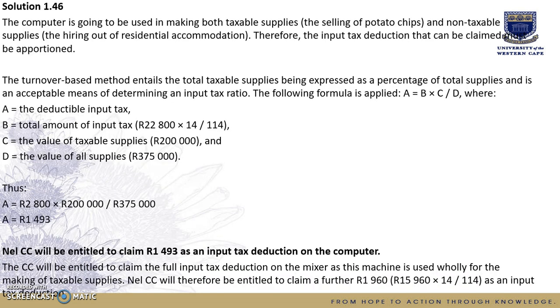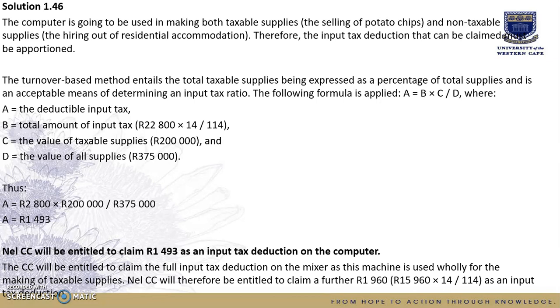Alright, so basically all that they did here, and you will see in the calculation at the bottom, we first used the computer as an example. Total amount of input tax that we had to use was the 22,800 times the tax fraction.